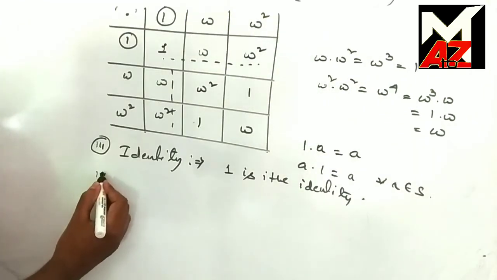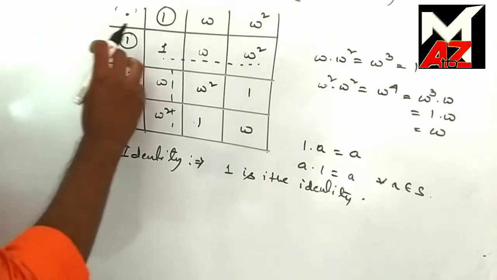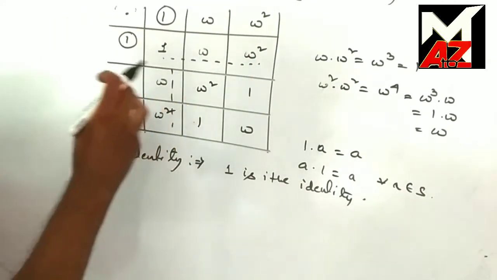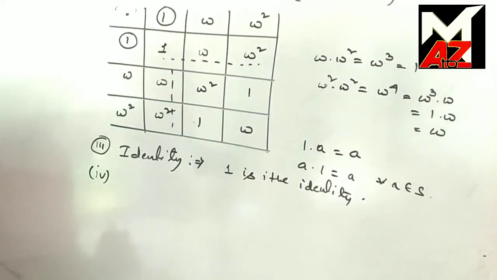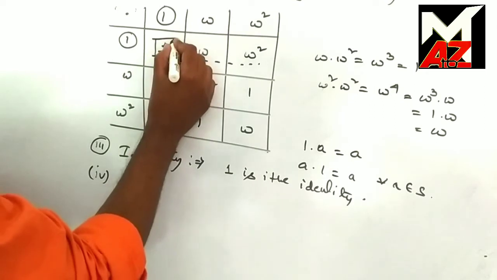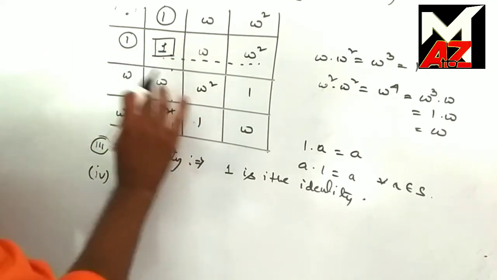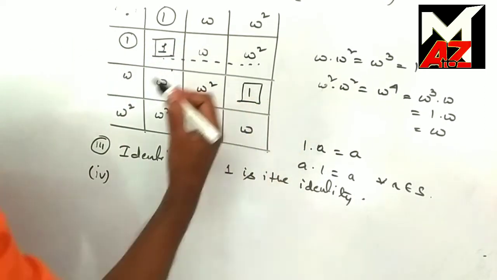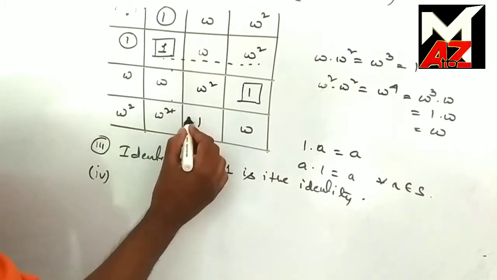And the last property of the group is the inverse property. Here we search for the identity element in each row and each column. In the first row, here is the identity 1. In the second row, here is the identity 1, and in the last row, here is the identity 1.